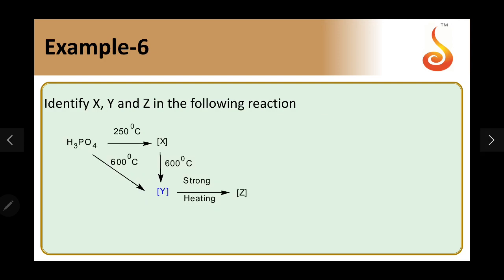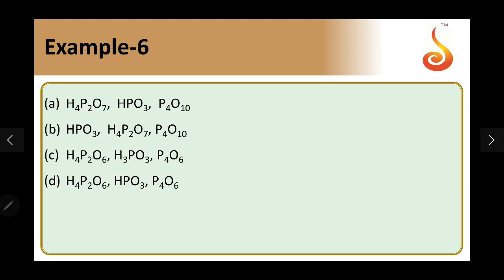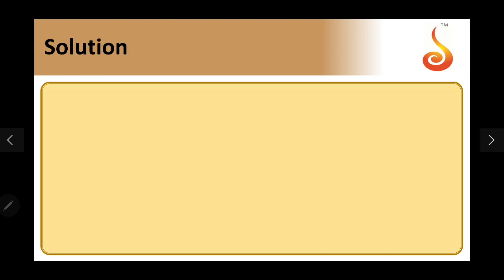Example 6. We have a sequence where we identify X, Y and Z. So we'll take the solution, then we'll come back to options. So we know H3PO4 is given, orthophosphoric acid.